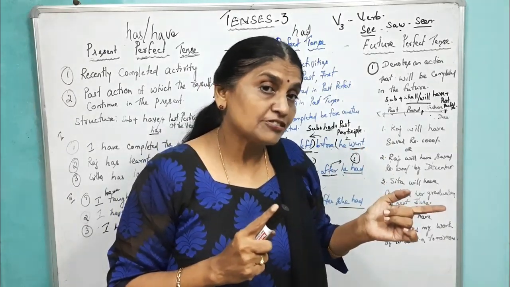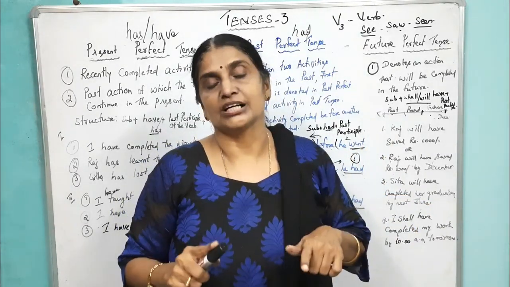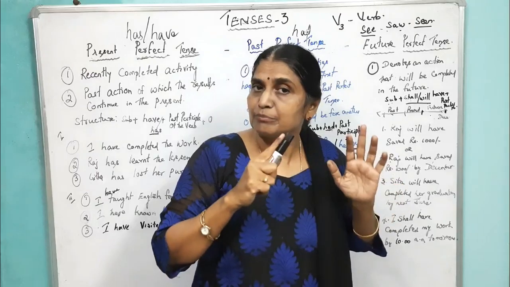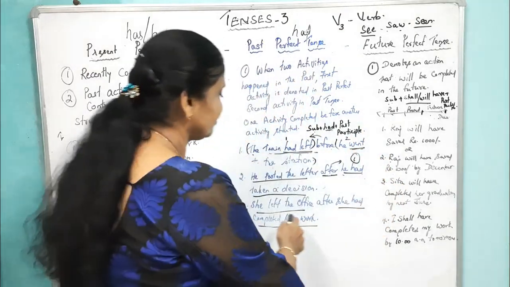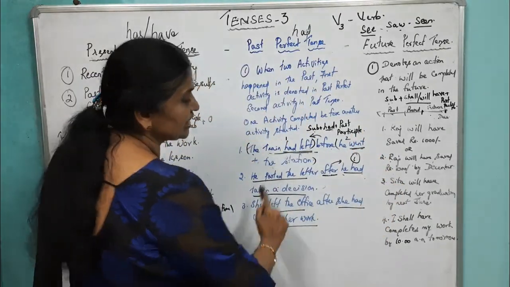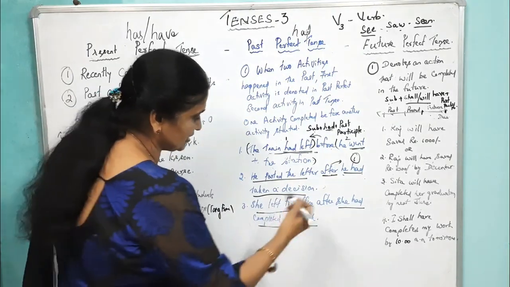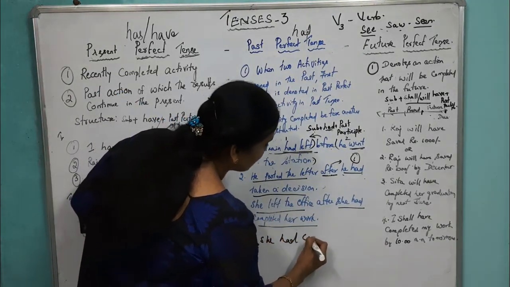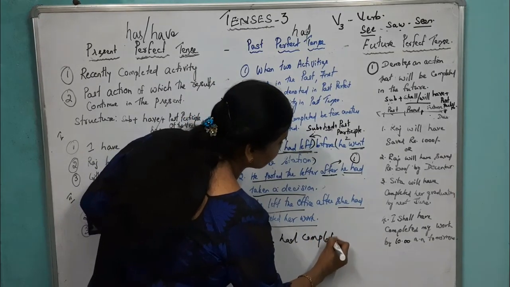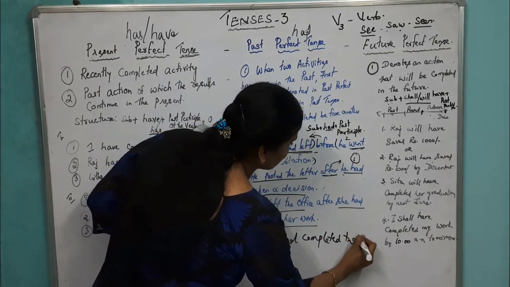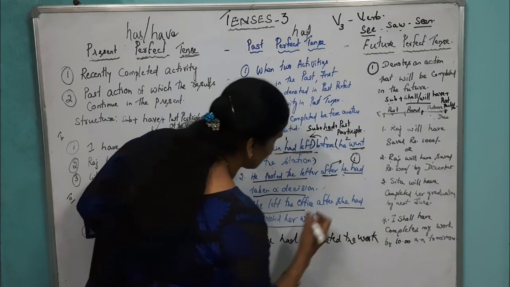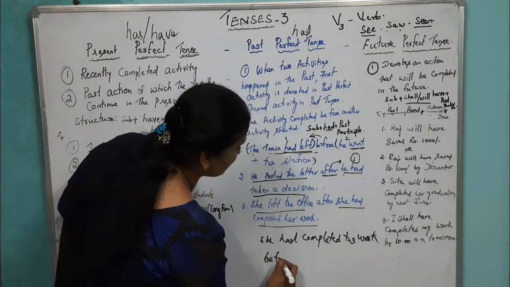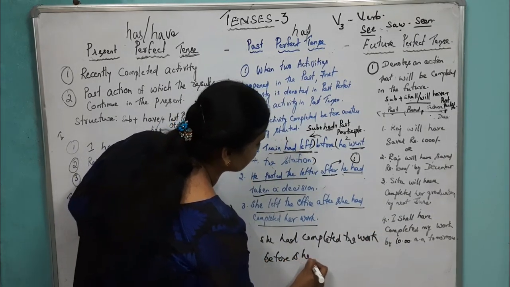Completing the work. So Radha had completed the work before she left the office. The same sentence you can write like this: She had completed the work before she left the office.